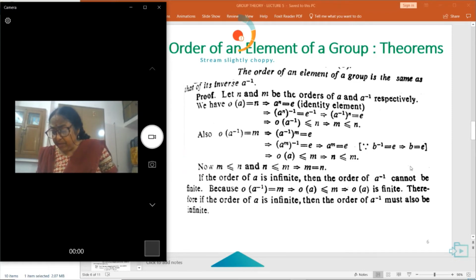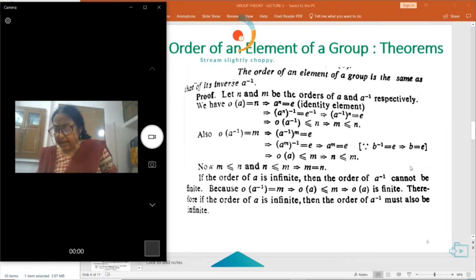Taking inverse on both sides, (a^n) whole to the power minus 1 is equal to e to the power minus 1. That means we can write (a^-1) to the power n is equal to e. So order of a to the power minus 1 is less than or equal to n. And as we know, order of a inverse is m.